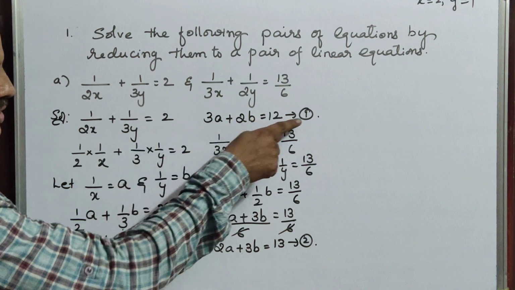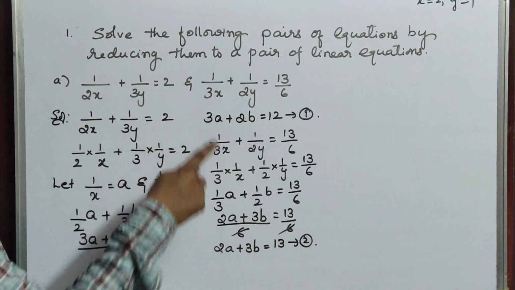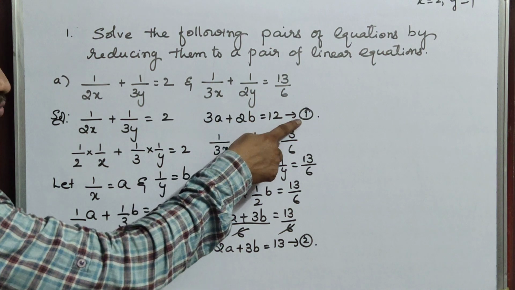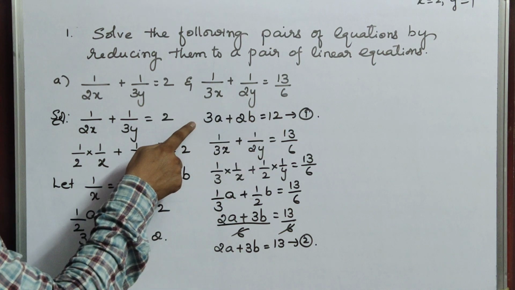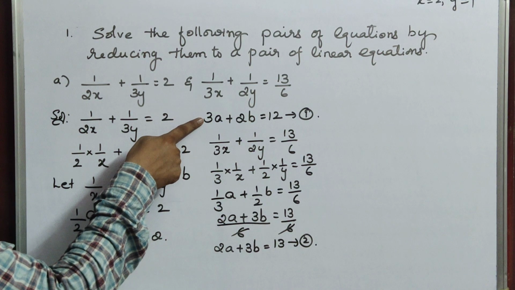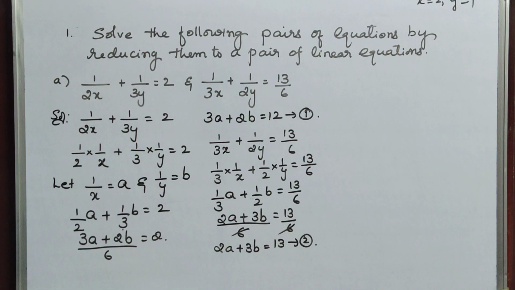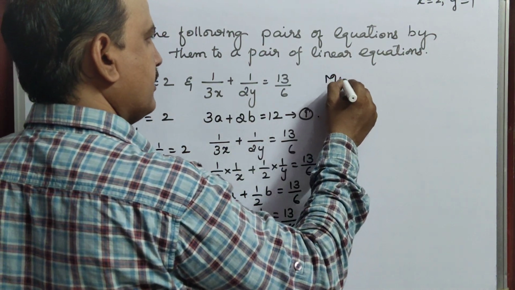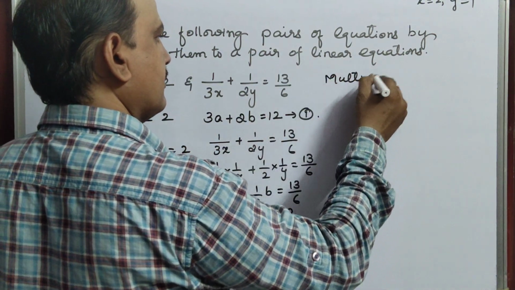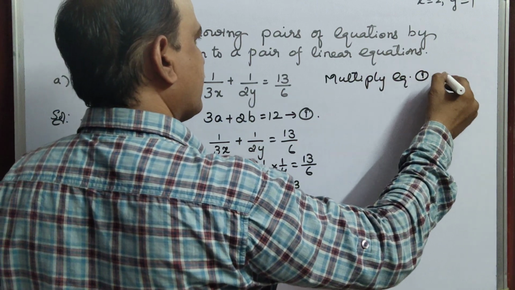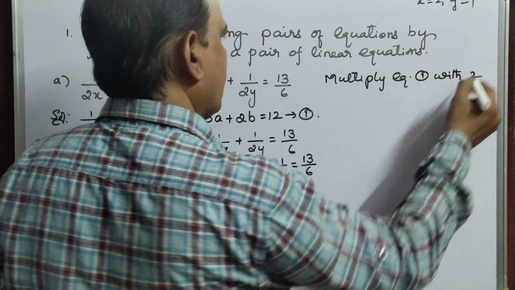Now, see the coefficient of a in equation 1 is 3. Here the coefficient of a is 2. Then what to do? Equation 1 you have to multiply with 2, and equation 2 you have to multiply with 3. That means multiply equation 1 with 2.